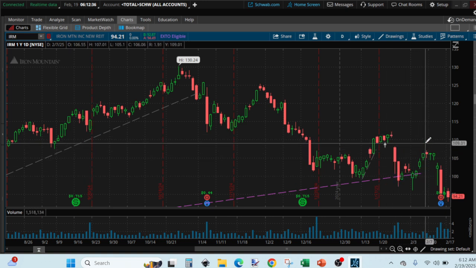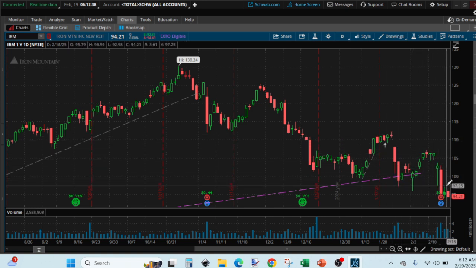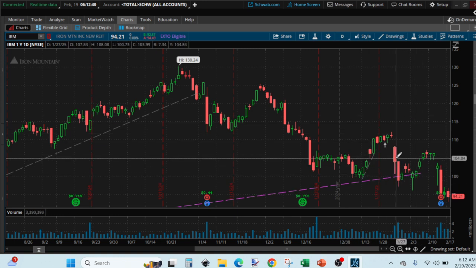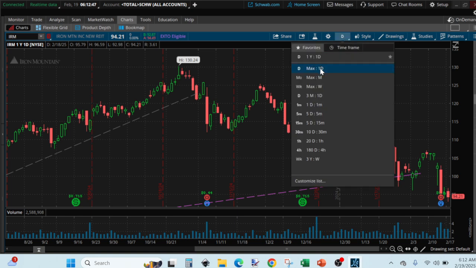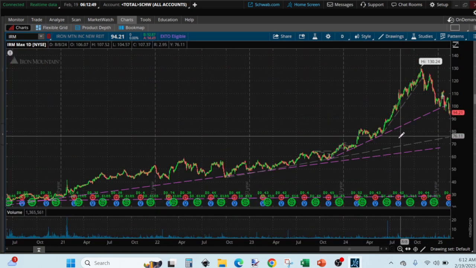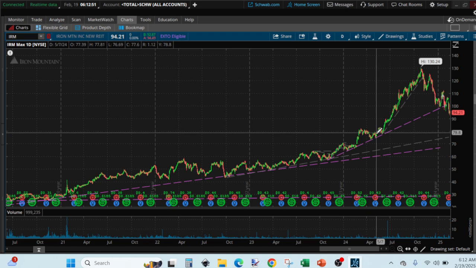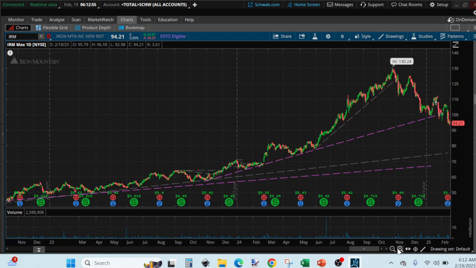But even that was not enough. It pulled back again. Every single stock will have its own way of behaving, and it might be a good idea to pay attention to what the stock tends to do at that trend line before you get in.